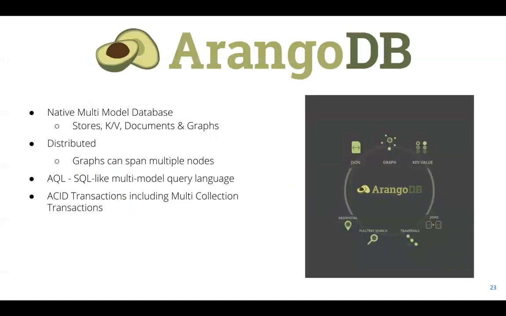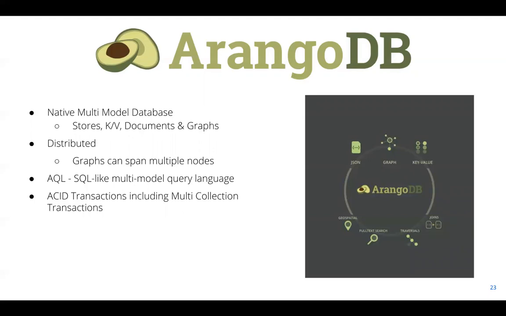ArangoDB, if you're new to it, is a native multimodel database. And this means it can store key value, documents, and graph in its native form, but still within the same database engine. In real life, there's, for example, MongoDB, and there's Neo4j being a pure document or a pure graph database.